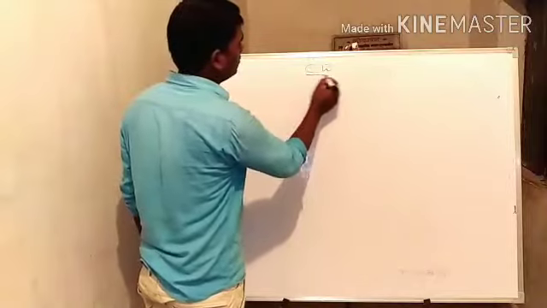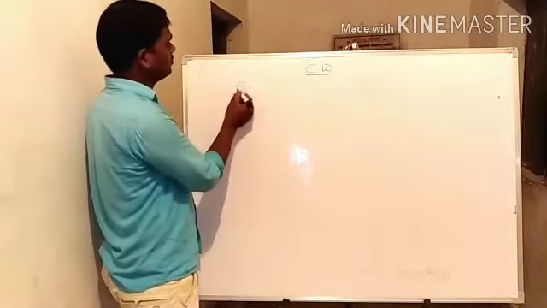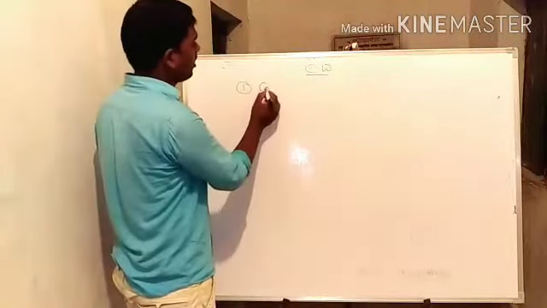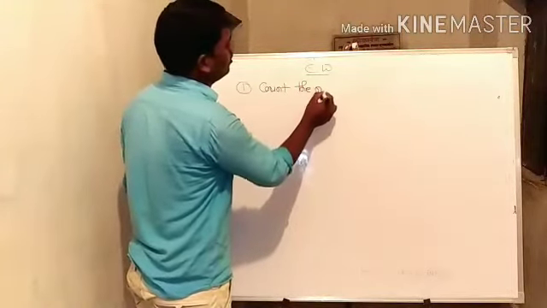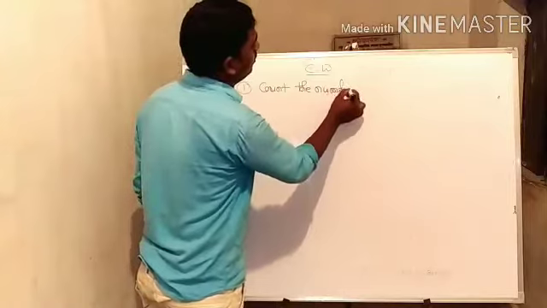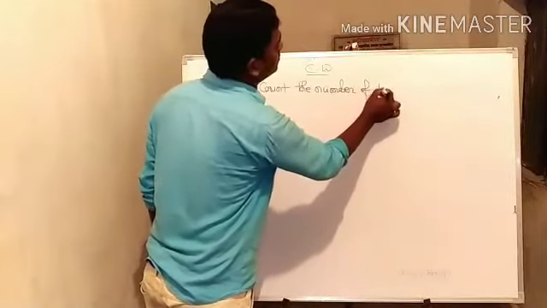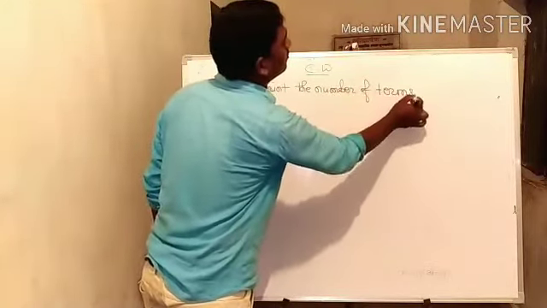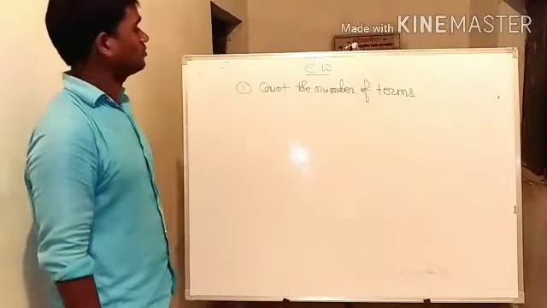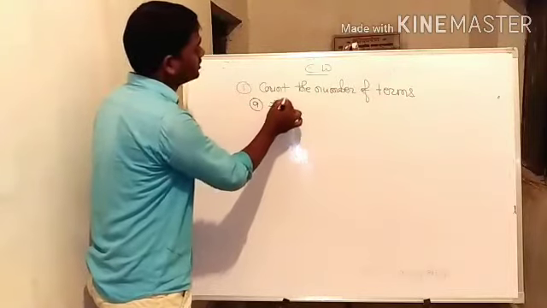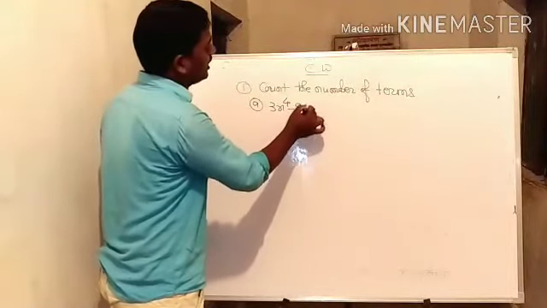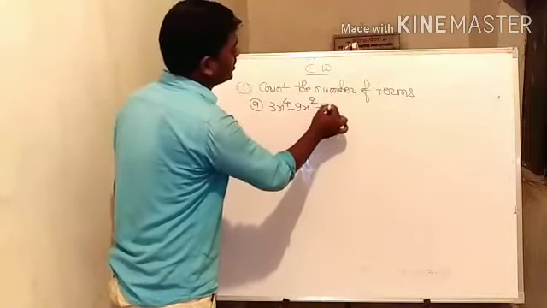Suppose question number 1: count the number of terms. First question, 3x raised to power 4 minus 9x square plus 3.